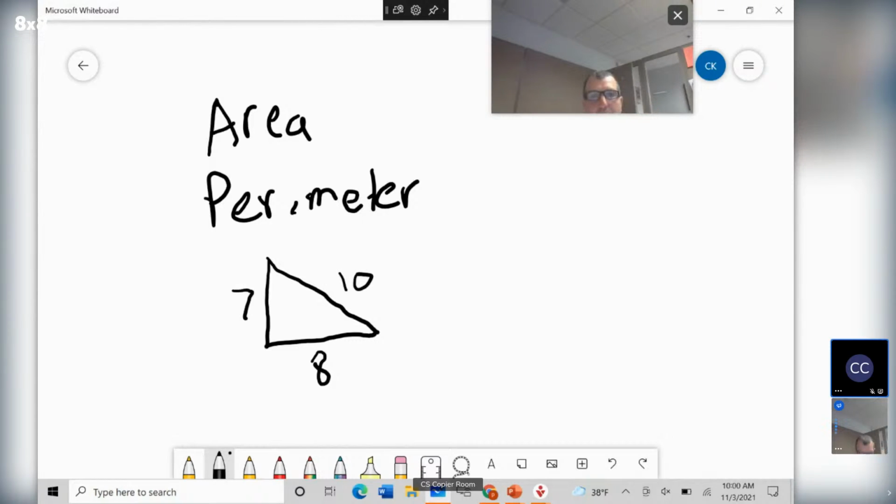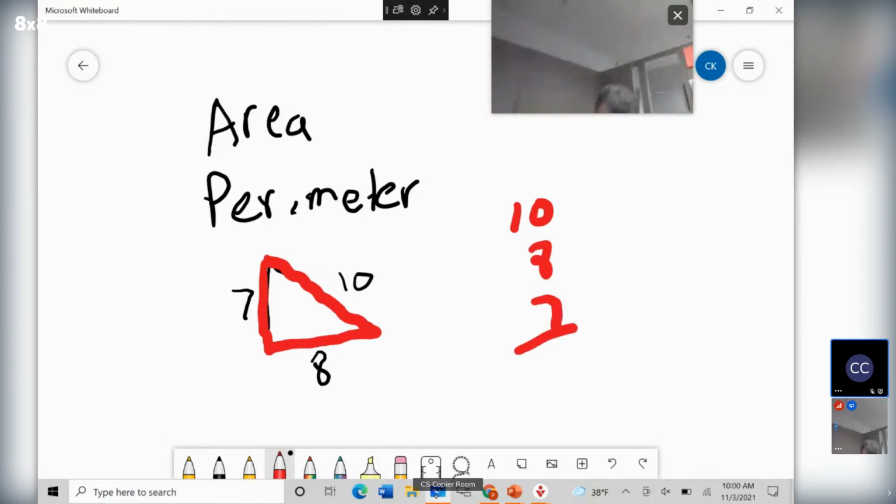What the perimeter means, perimeter is just the distance all the way around the triangle. What you would do for perimeter is just add the three sides together. So in this case, you would add the 10, the 8, and the 7. So the perimeter would be 25 feet. Okay, so perimeter is just adding all three sides together.